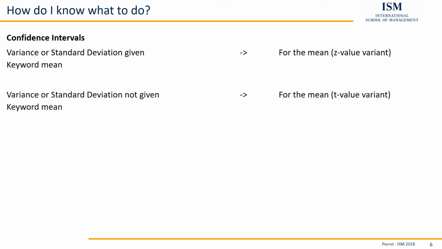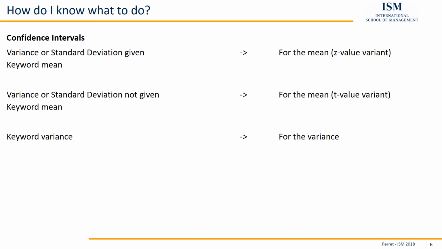This is usually also related to you first having to calculate variance or standard deviation from the data you have. So because you have to first calculate this, you have to use the corrected version of the standard deviation. This means the T distribution variant. However, in both cases, it's the keyword you have to read. It's a confidence interval for the mean.